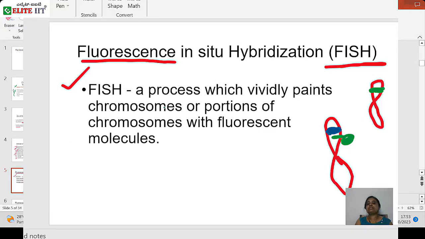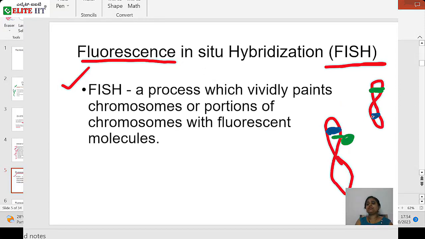So FISH is a process which vividly paints chromosomes. Here I have given only one fluorescent compound attached. But sometimes you can identify multiple sequences using multiple colorful probes.